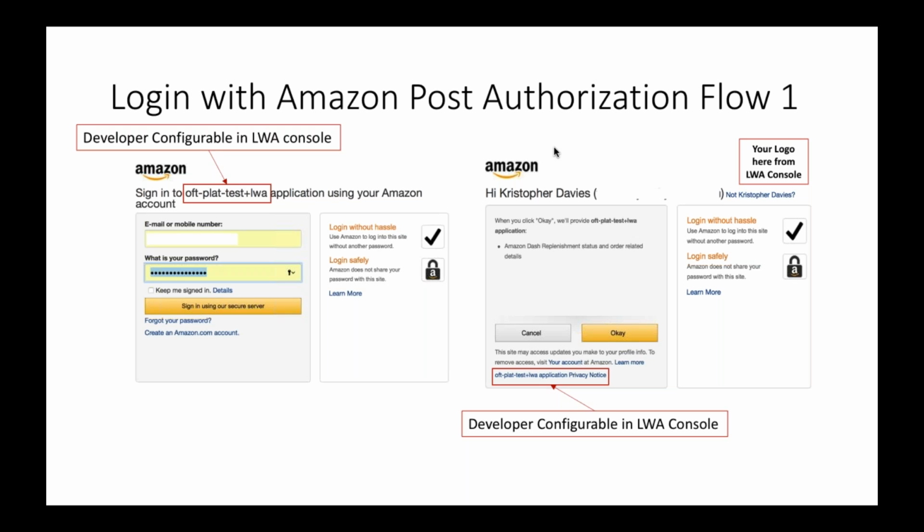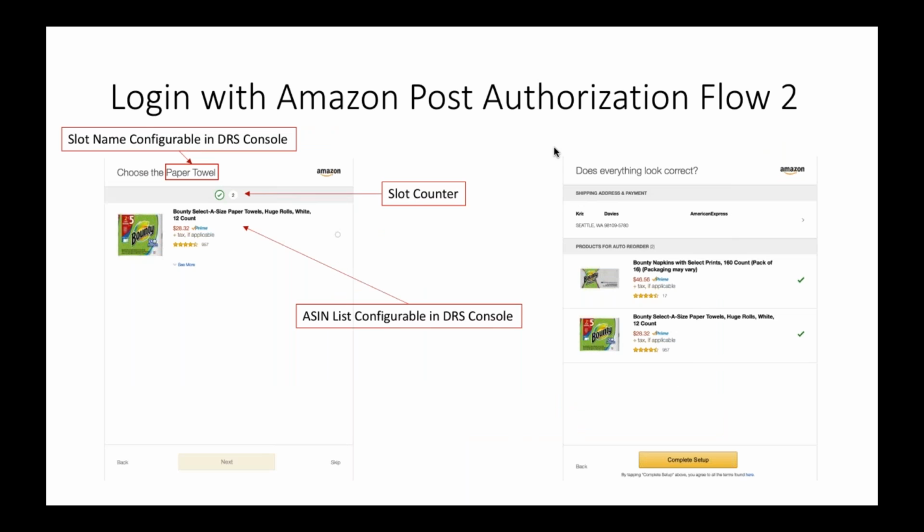So you're asked to provide a high-quality logo, and we use that logo there, and that gives your customers visual recognition of the product that you've built for them so that they know that they're still interacting with your experience. And then at the very bottom, there's a link to the privacy notice. And you can see that we pull across the application name for the privacy notice, and inside that link is the URL that you provided for your privacy notice in the LWA security profile. So that's, again, configurable in the LWA console.